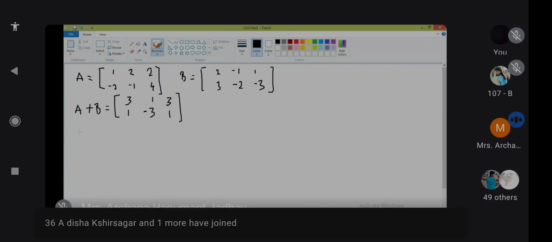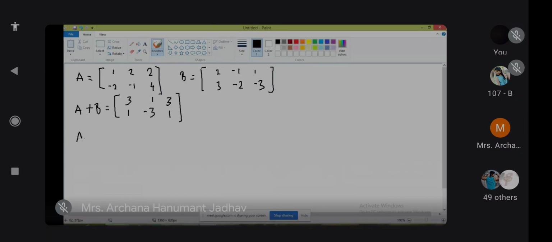Same thing, how to subtract them? We do A minus B. For subtraction, so A minus B, that means first position 1 minus 2, it becomes minus 1.